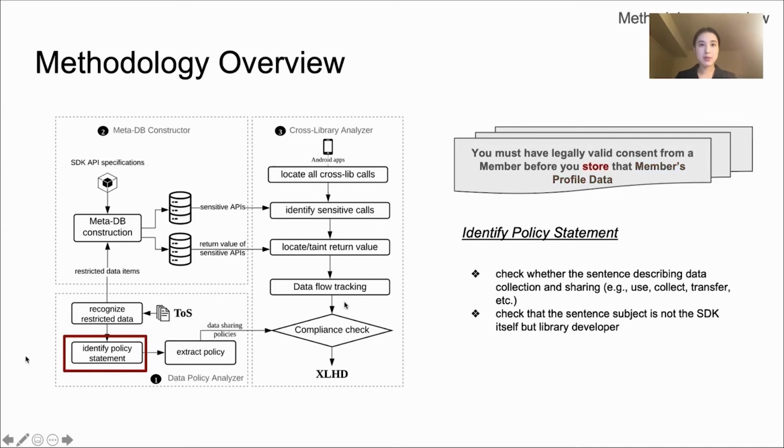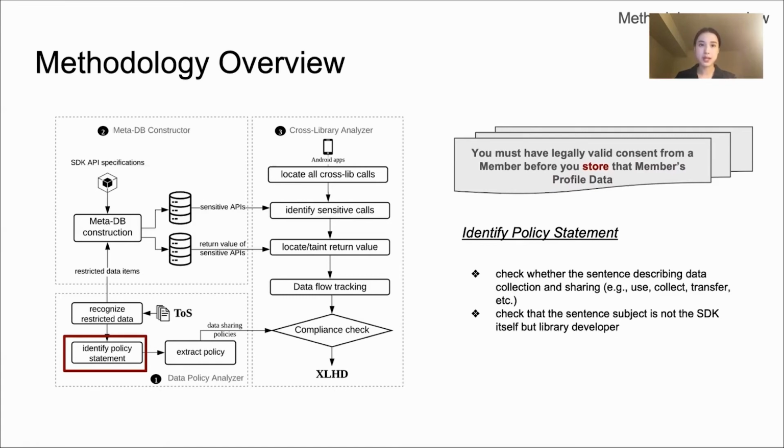This step is to identify whether a sentence describes a data collection and sharing policy. We first check whether the operation of the sentence is associated with data collection and sharing, like use, collect, transfer, store, etc. After that, we check that the sentence subject is not the victim SDK itself, but the library's developer.